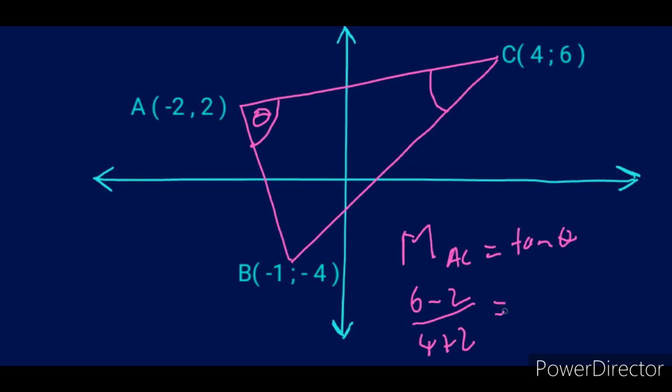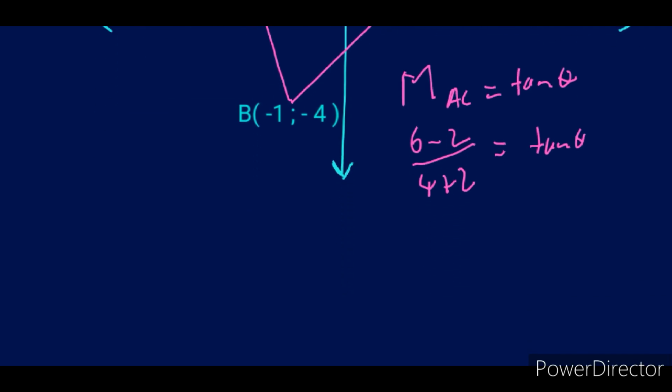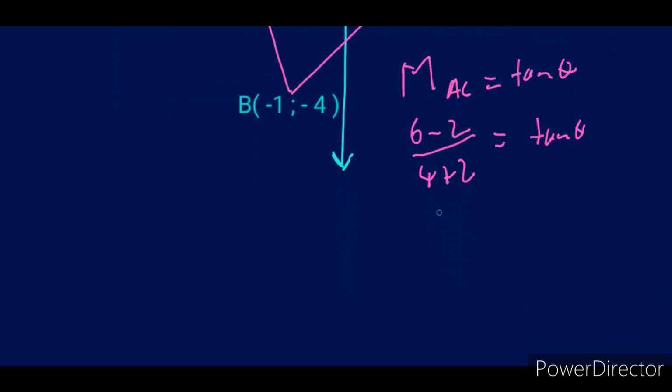And then from here, we're going to have tan theta equals 4 over 6, since 6 minus 2 is 4 and 4 plus 2 is 6. So this is going to be the same as 2 over 3. So we've got 2/3 equals tan theta.